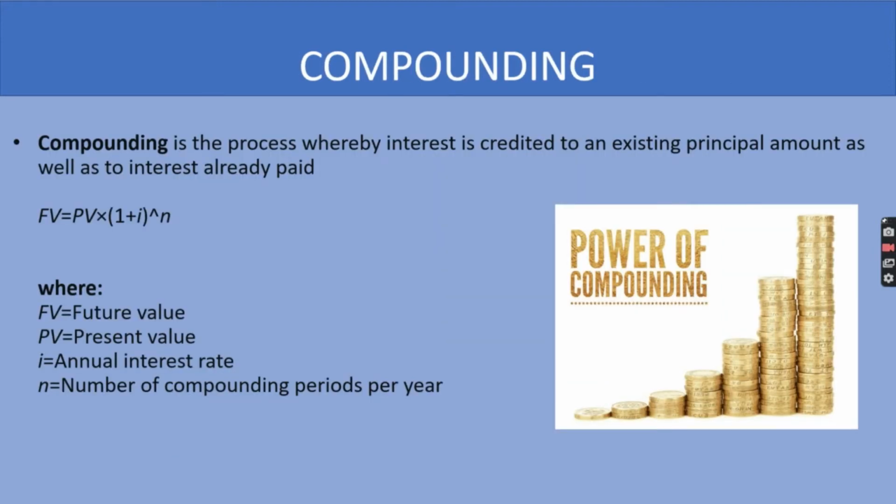So let's understand compounding in more detail. Compounding is a process where interest is credited to an existing principal amount as well as to the interest already paid. The formula is future value is equal to present value into 1 plus i raised to the power n. You must be aware of the power of compounding, how it differs from basic simple interest.